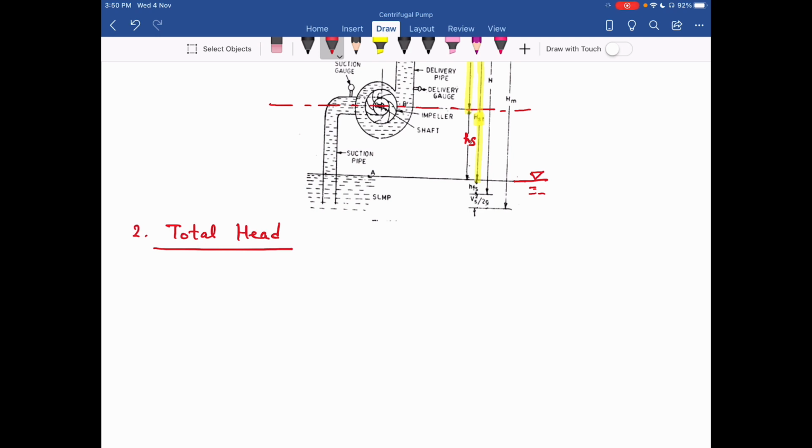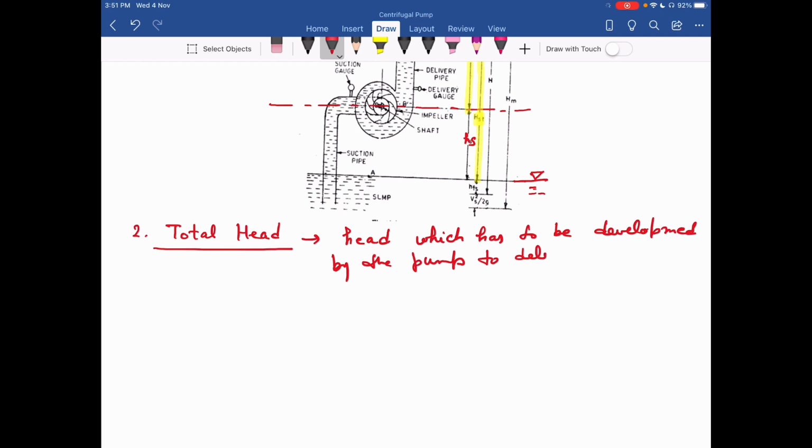Okay, so this is the head which has to be developed by the pump to deliver the water from the sump to the tank or reservoir. So that is my total head.